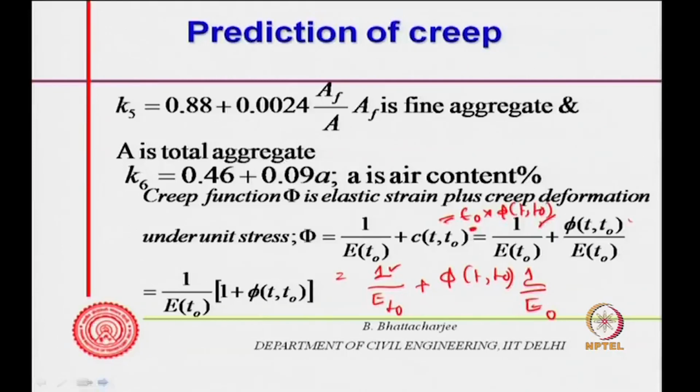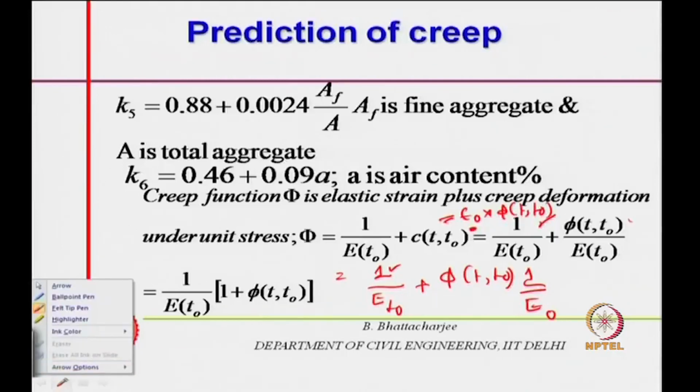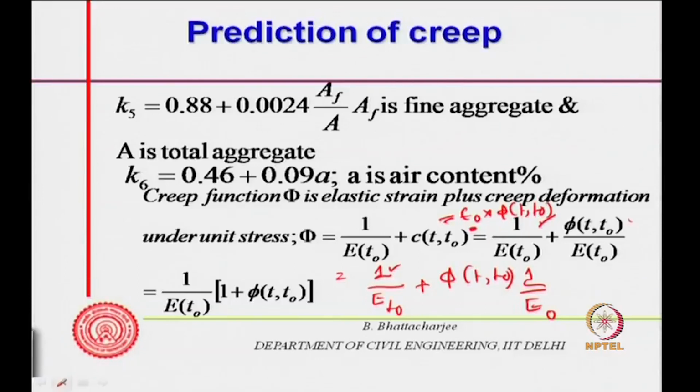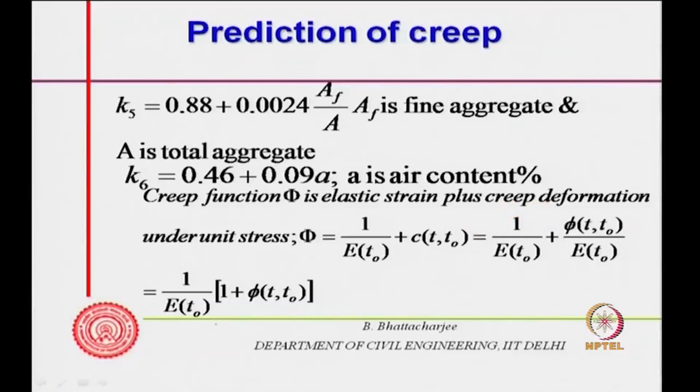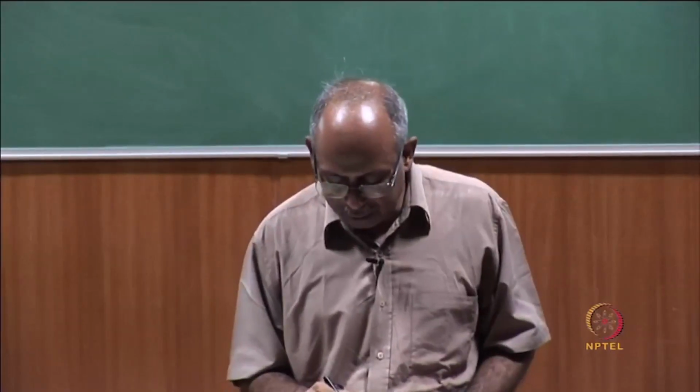Therefore, I can write the whole creep function as 1 by E(t0) times (1 plus phi), where E(t0) is the modulus of elasticity at that time taken common. This is for unit stress, and that is how I can estimate it.